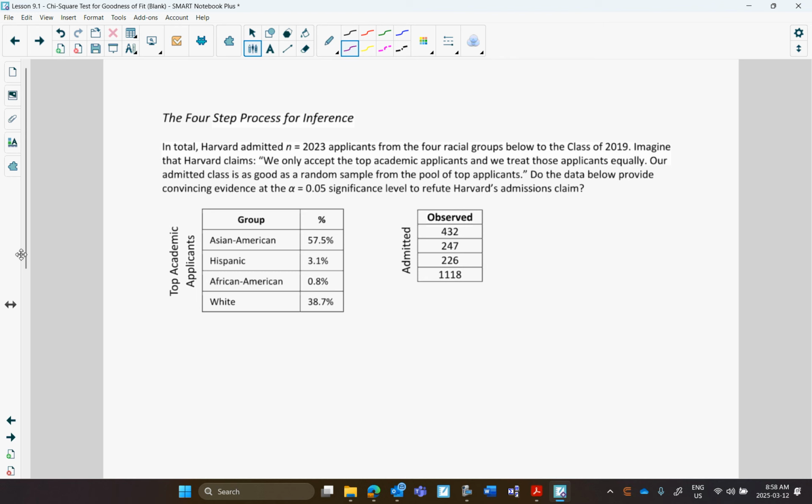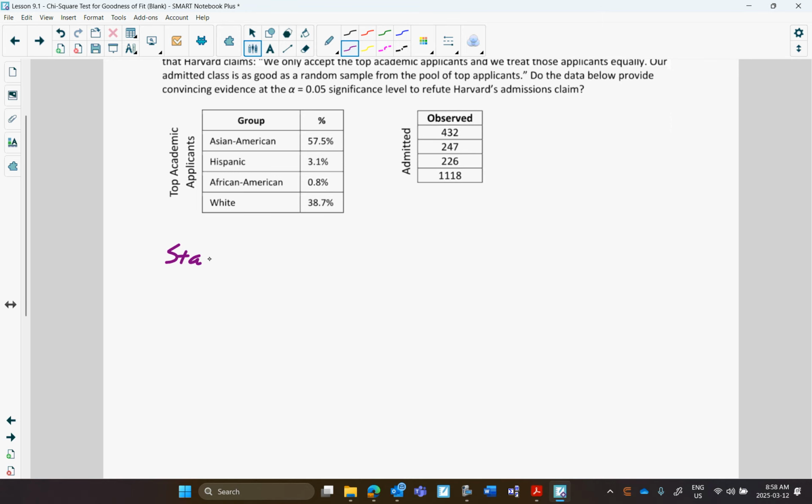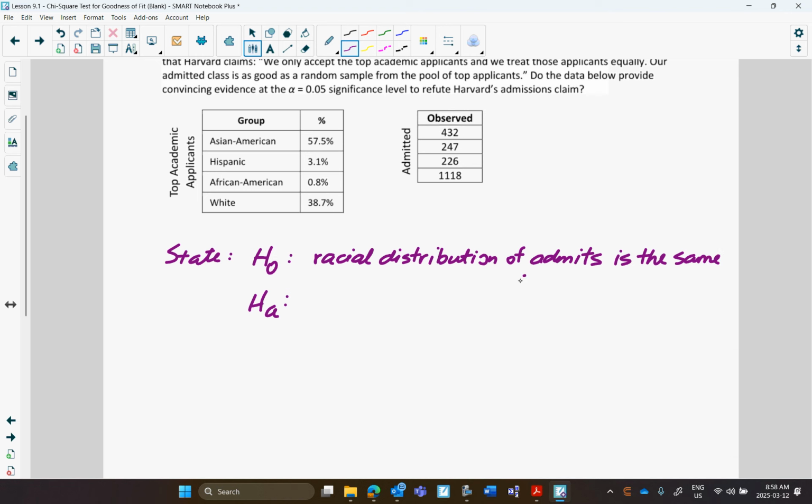Okay? Well, state. This is where we state the two hypotheses. So H0 and HA. H0: the racial distribution of admits, those who are admitted, is the same as the claim distribution.